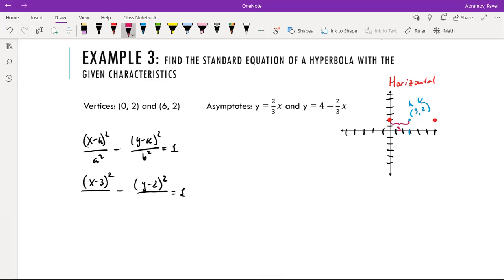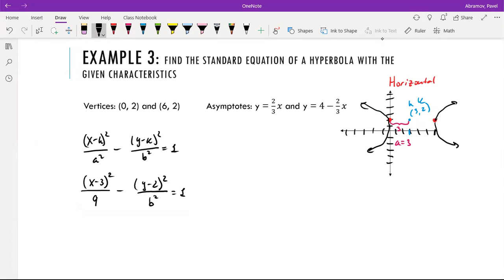So therefore, our a is equal to 3. And therefore, in the denominator, we'll have 3 squared or 9. And of course, once again, b squared is what we do not know. So meanwhile, I will draw this hyperbola. It's going to look something like this.